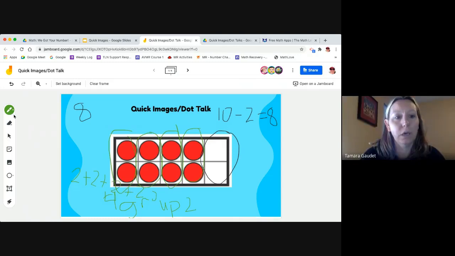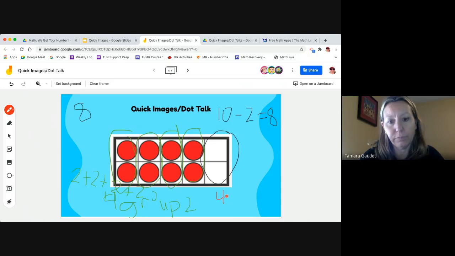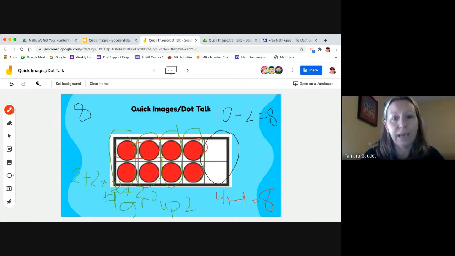All right. So let me do 4 plus 4. And I like how you're color coding them, each because it's the different colors to the strategies. And actually, I saw it as 4 plus 4, 2 groups of 4 is how I saw it.